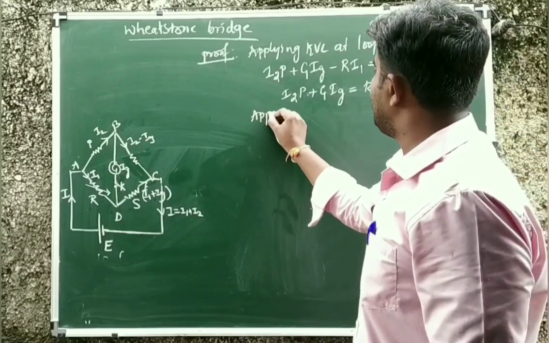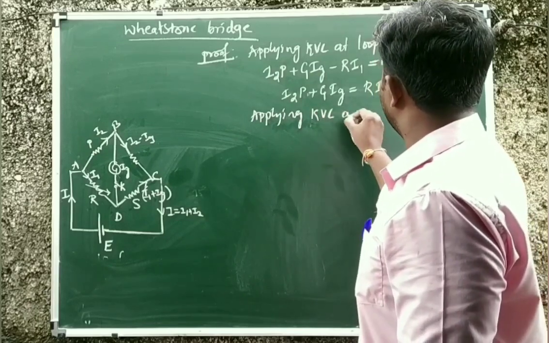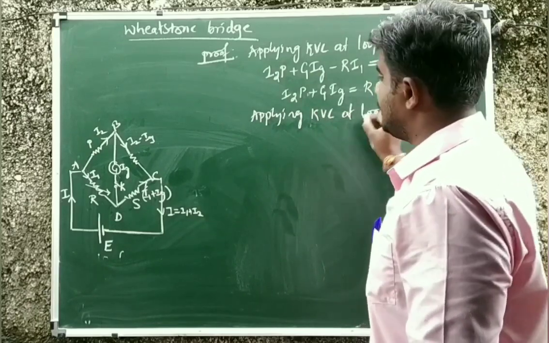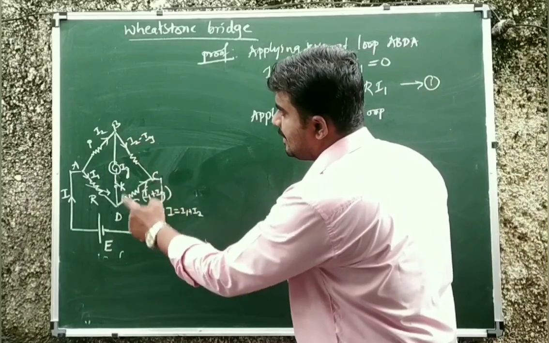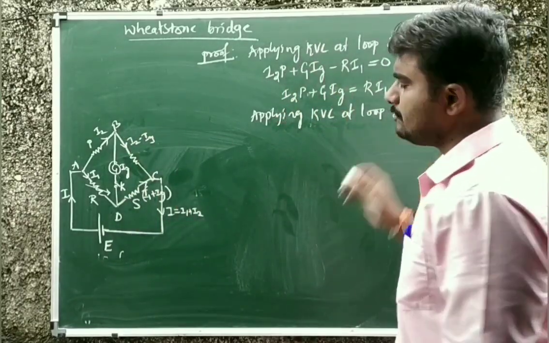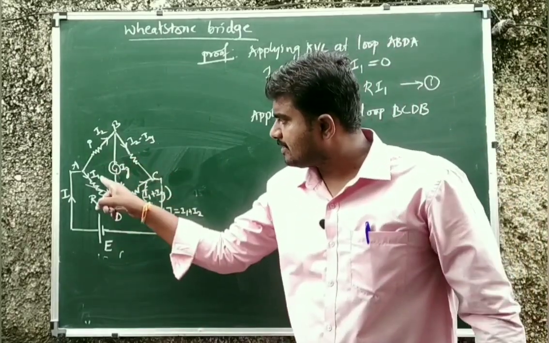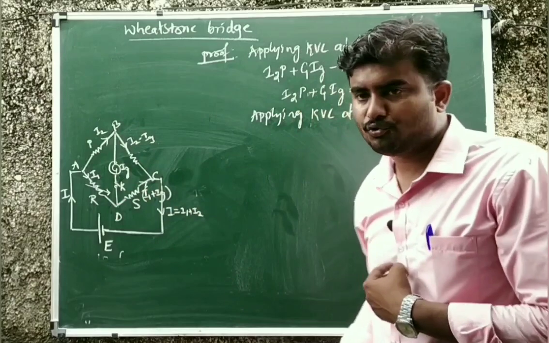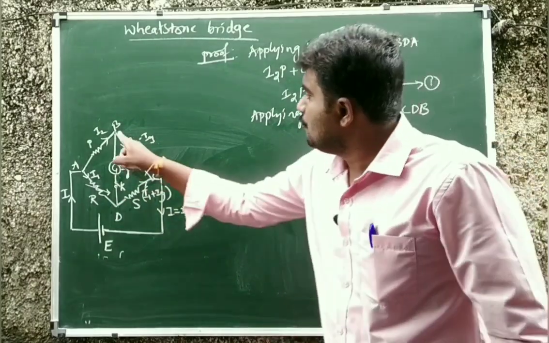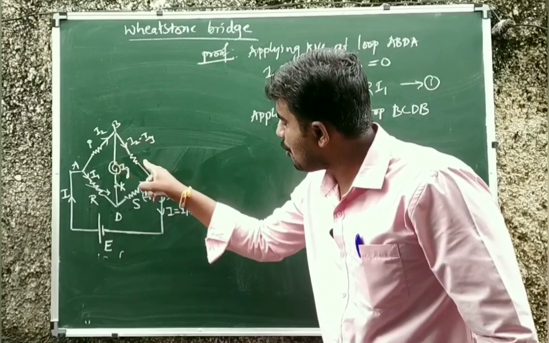Next, applying KVL at one more loop, B, C, D, B. We can consider only two equations because only two unknown currents are there, I1 and I2. We shall start from this point. We are going this way, and the current is also along with us.